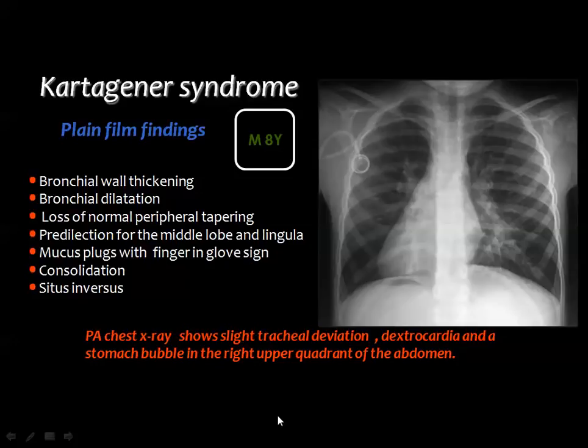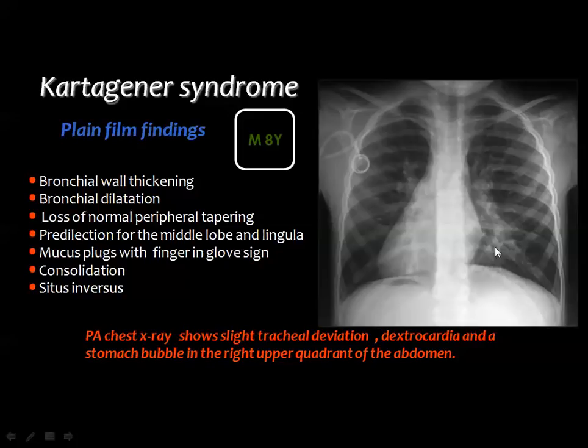And these are the plain X-ray findings in patients with Cartagena syndrome. Number one, you appreciate the presence of dextrocardia, and also you can see that the air bubble in the stomach is to the right side of the midline, denoting situs inversus. Then if you look carefully in the chest X-ray, you are able to see that the bronchial wall is thickened, but many times you cannot appreciate the presence of bronchiectatic changes.